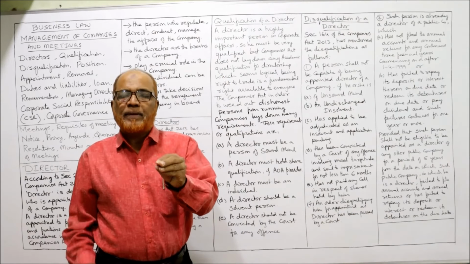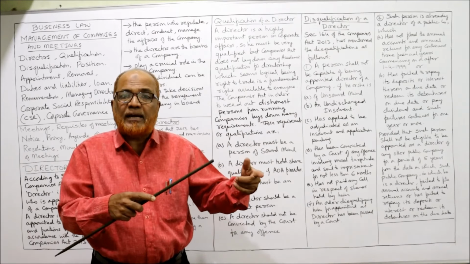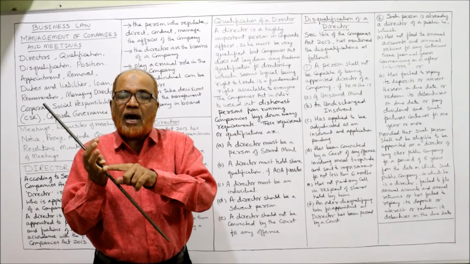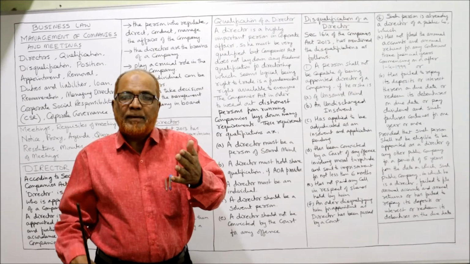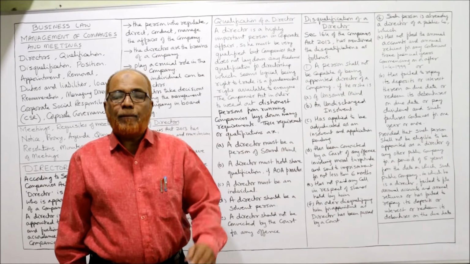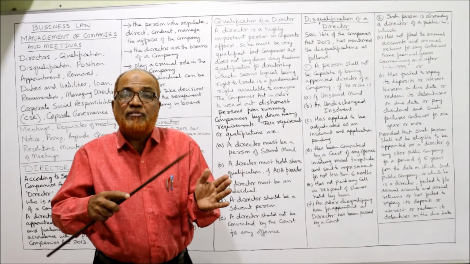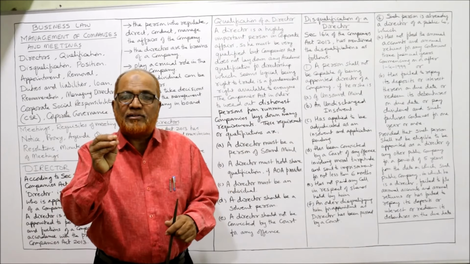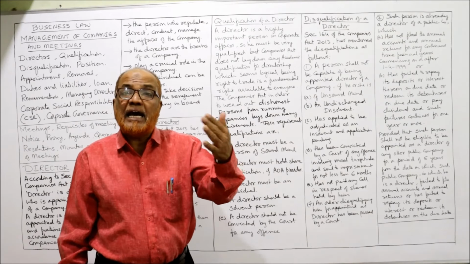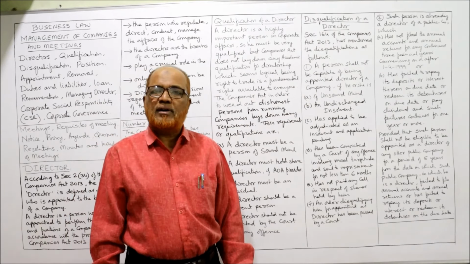For 5 years, the previous company in which there is a default, ABC company, is defaulted in preparing the annual returns, in preparing the annual accounts, and defaulted in repaying the deposit money, the interest money, or redeeming the debentures, paying the dividend. If the other company is defaulted, after 5 years he can become the director of any other company. So this shows the disqualification of director.